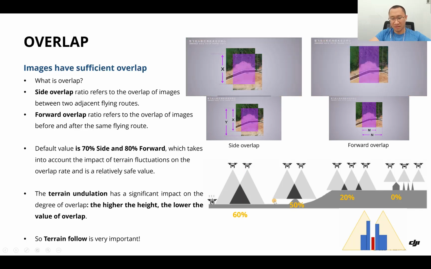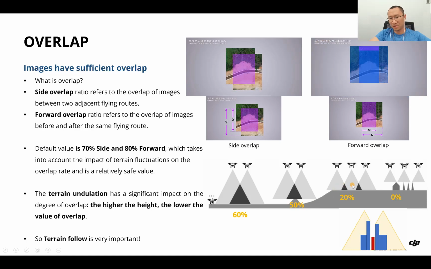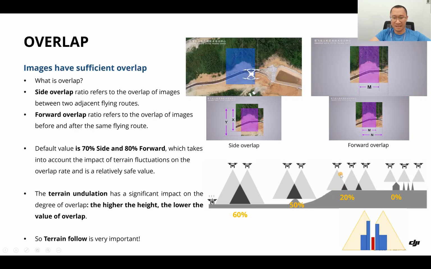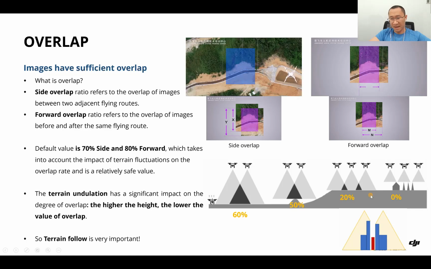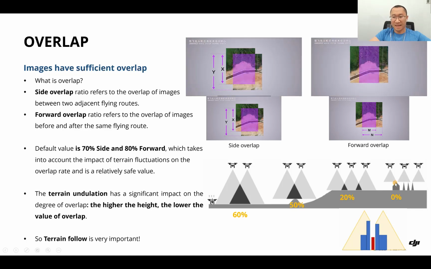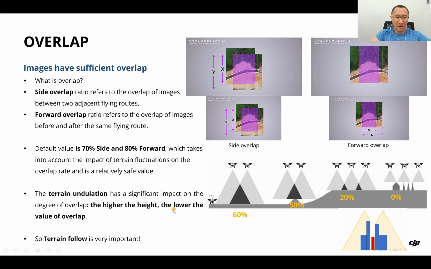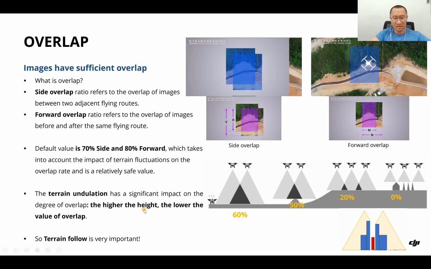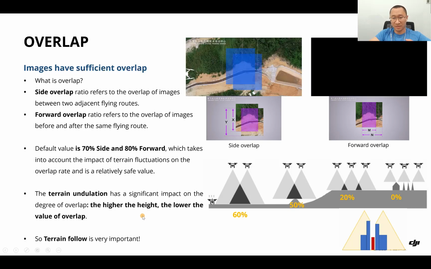But as the drone flies and the terrain rises, at the top of the mountain you can see the overlap has dropped to 20%. If there are tall buildings or other objects, it can even drop to 0. The higher the object, the lower the overlap. So terrain follow is very important for us.